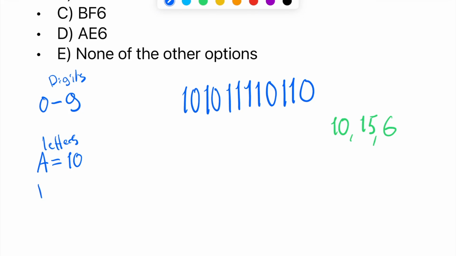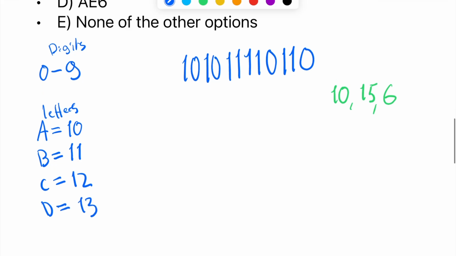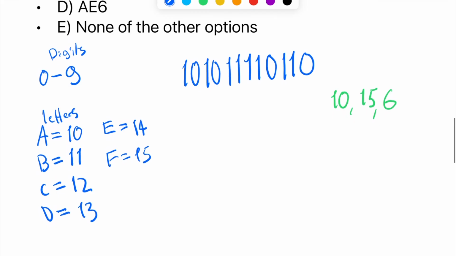So B is 11, C equals 12, D equals 13, E equals 14, F equals 15. Now we got 6 here, which can remain, since it's in the range between 0 and 9.